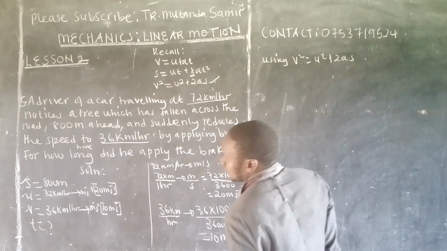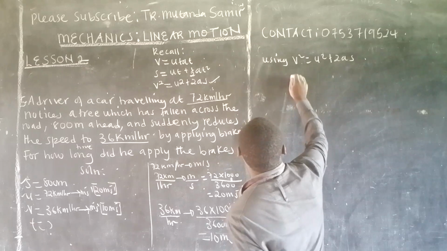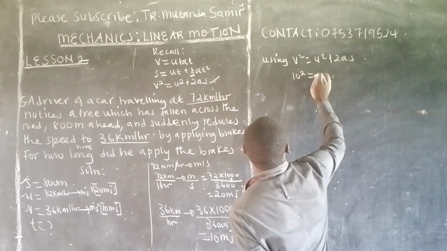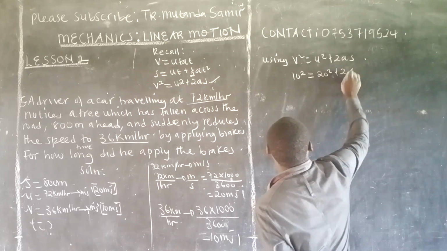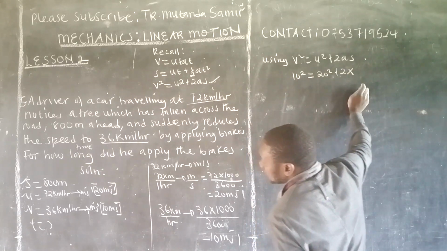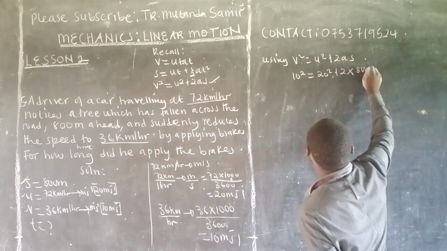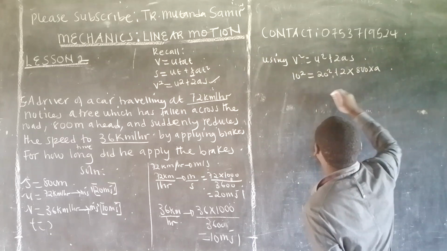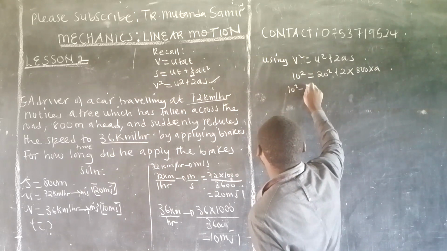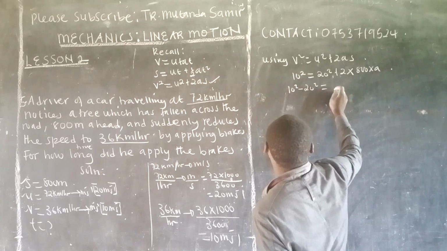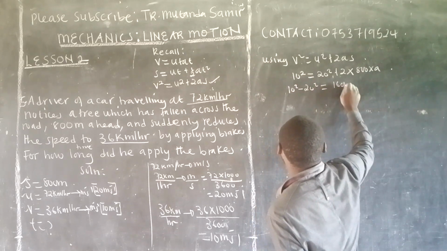So V is how much? 10. Okay. 10 squared is equal to U, which is 20 squared, plus 2 times S. The S is how much? The S is 800. 800 times now the A. So this 20 squared will come this side. That will be 10 squared minus 20 squared is equal to 1600A.